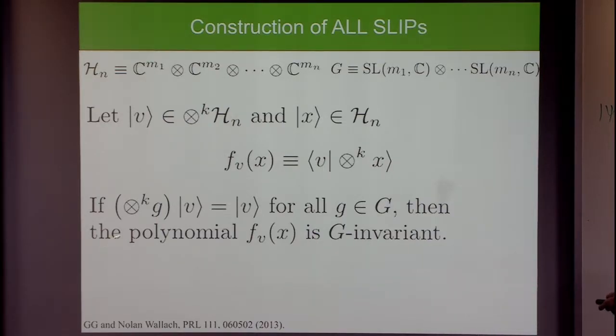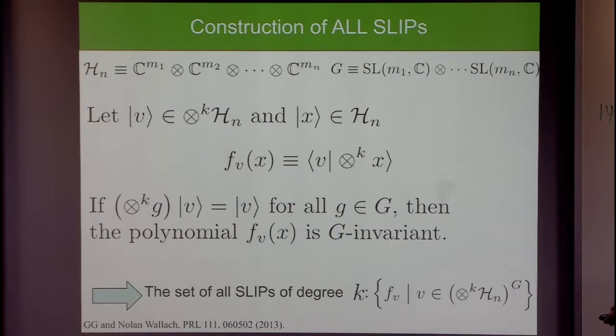Because it is an SL invariant polynomial, we require that when I apply an element of G, applied k times in the natural way on v, it fixes v. So this is the standard way to do these sorts of things. And so we have an SL invariant polynomial of degree k, which is G invariant.